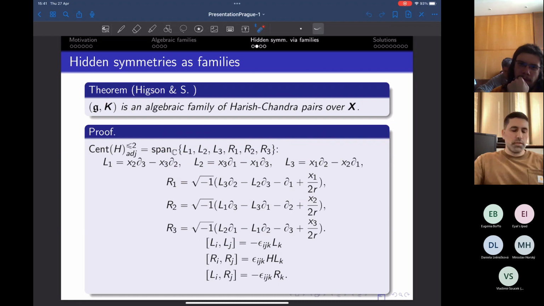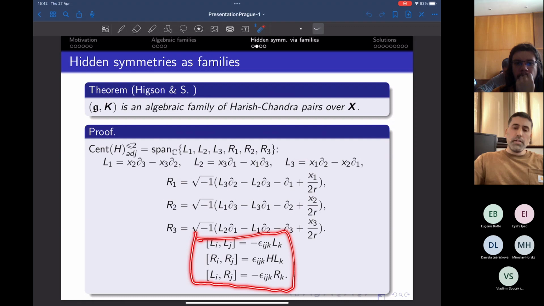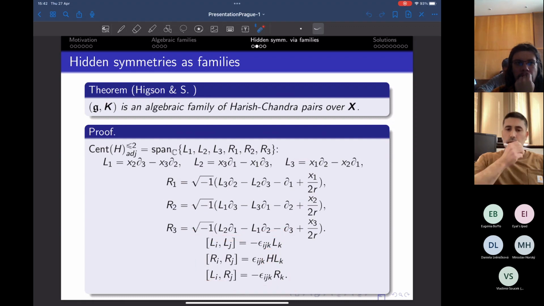It's not a Lie algebra over C. But if you look at what it generates under the action of H, then it is a Lie algebra over C of H. And this is hiding in here.